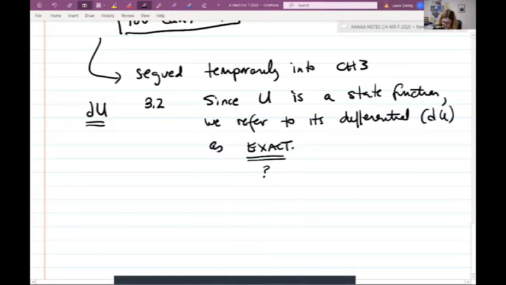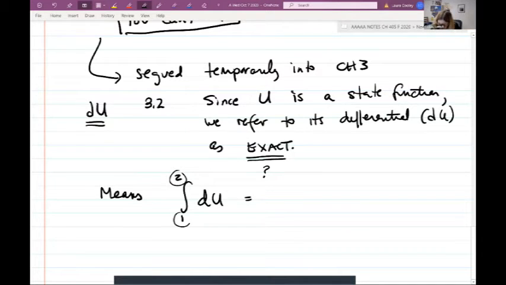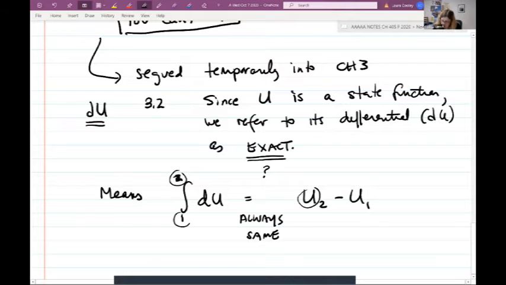Okay, what it means is that if you integrate that differential between two states, so what is the integral of dU? Well, it's U, well, within a constant, but we're going to do the definite integral between two states. The integral of dU is always the same and is always the value of the internal energy at 2 minus the value at the first state.